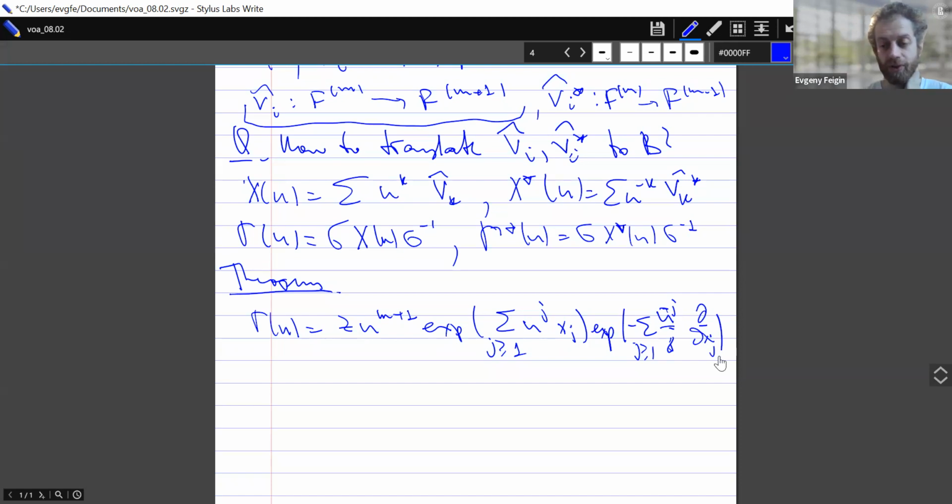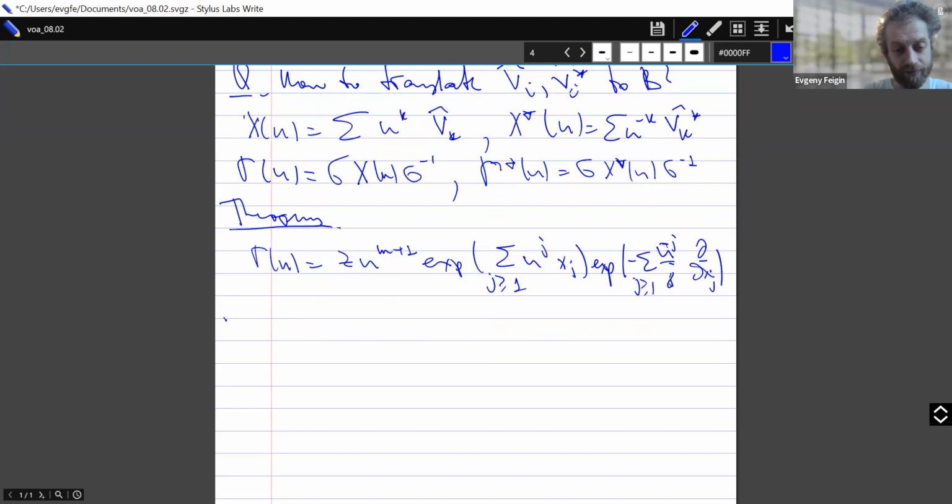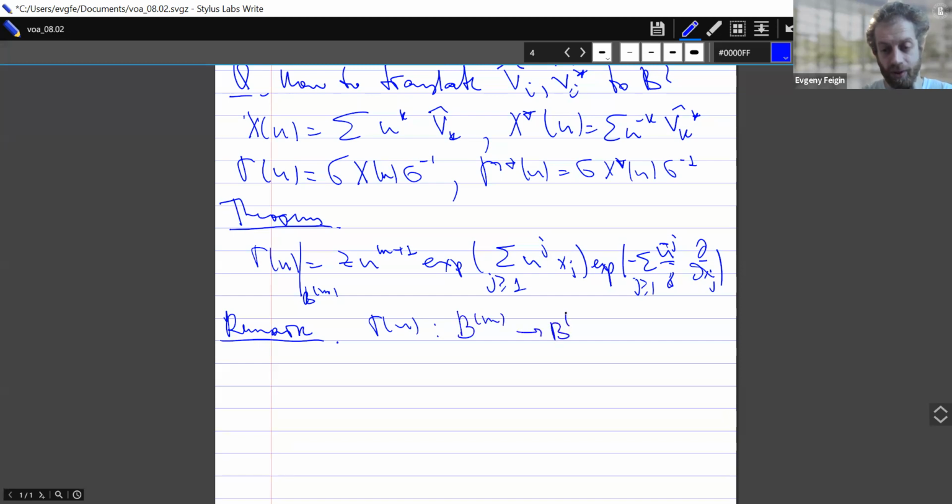So please note, for example, remark. So first of all, this gamma of u restricted to Bm. So clearly, gamma of u acts from Bm to Bm plus 1 u.